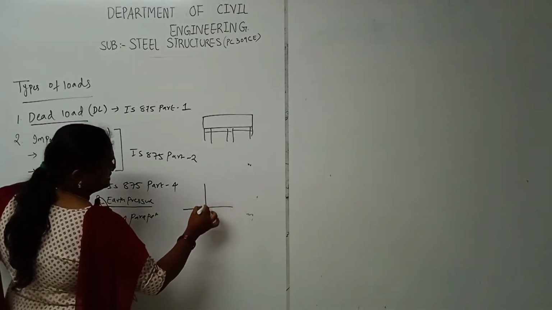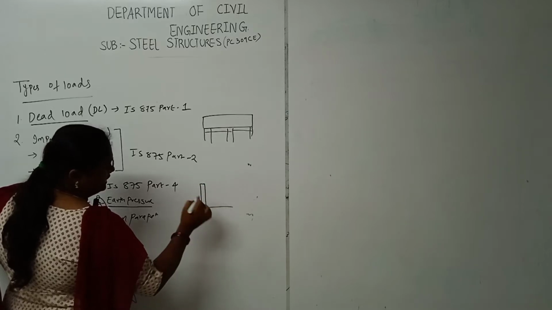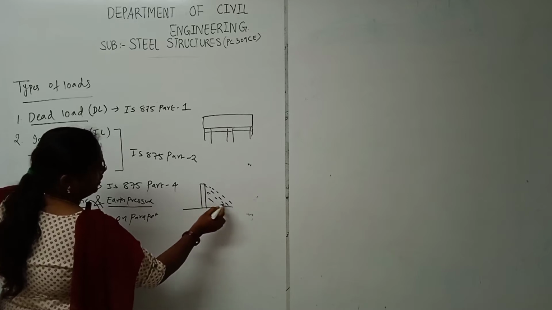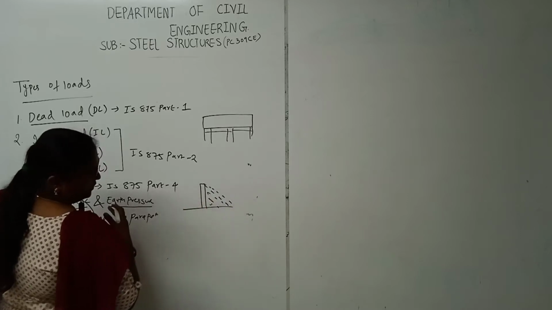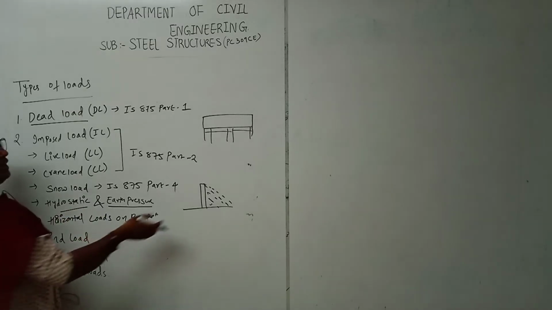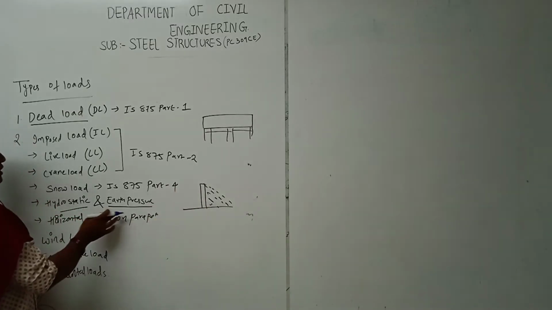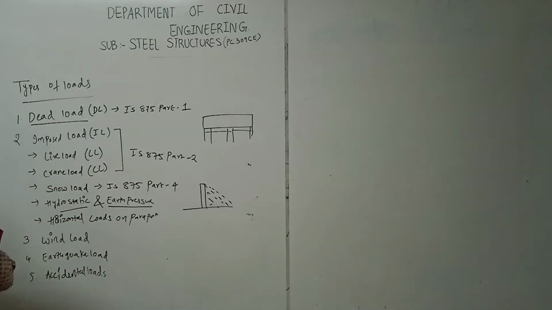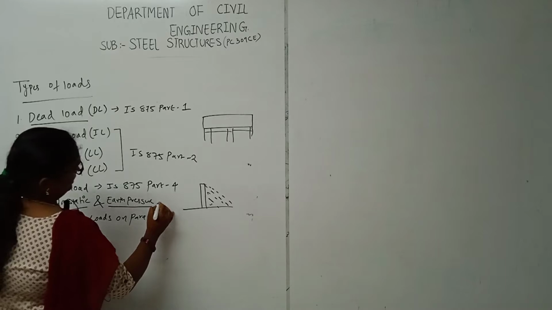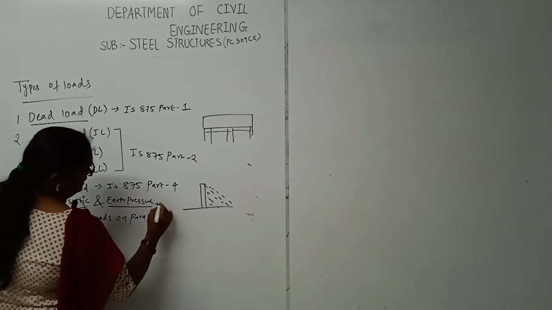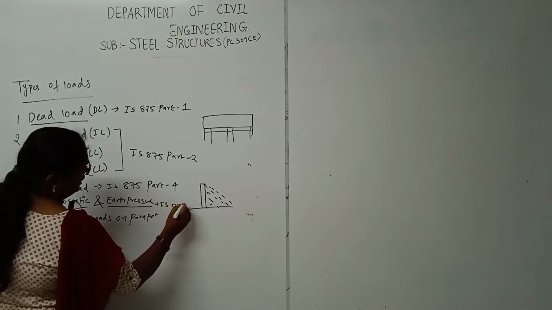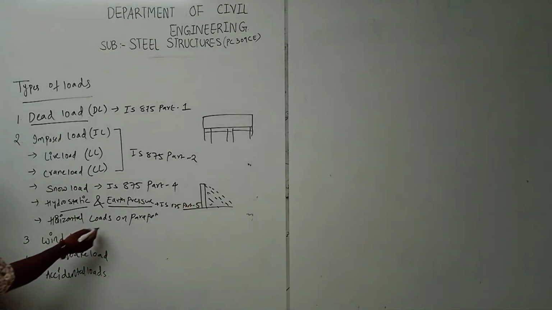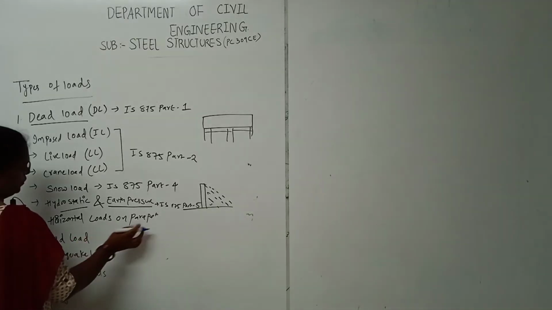Here you construct a retaining wall, there is backfilling, and your wall gets pushed forward or backward due to the earth filling. The hydrostatic pressure you can find in IS 875 part 5. Next one is the horizontal loads on the parapet wall.